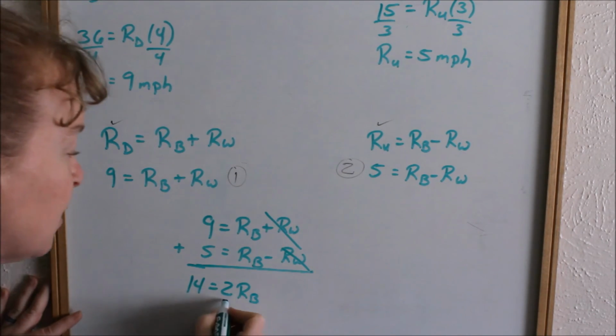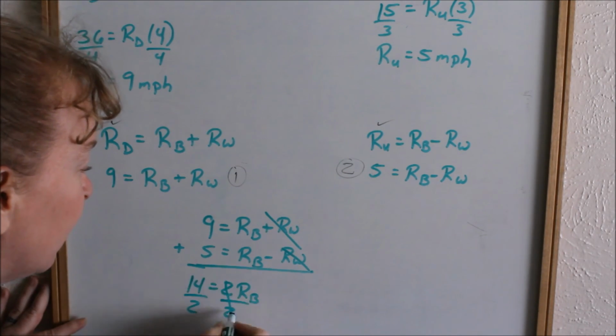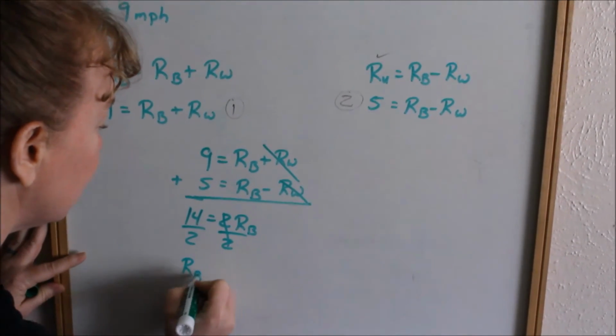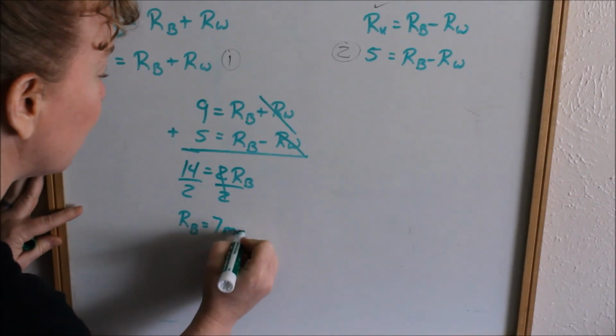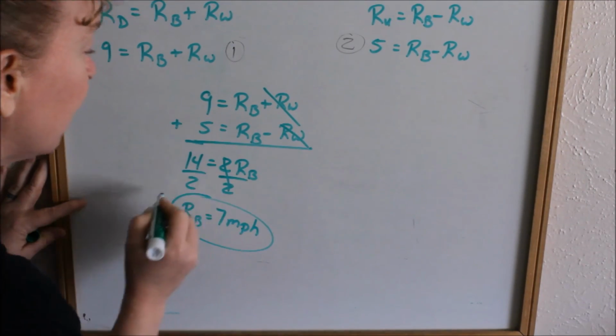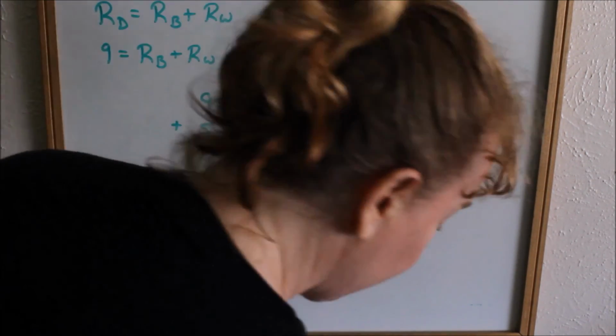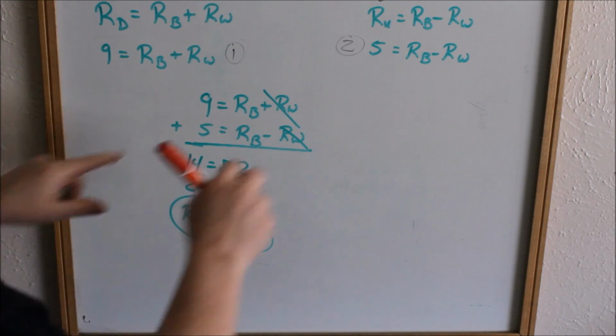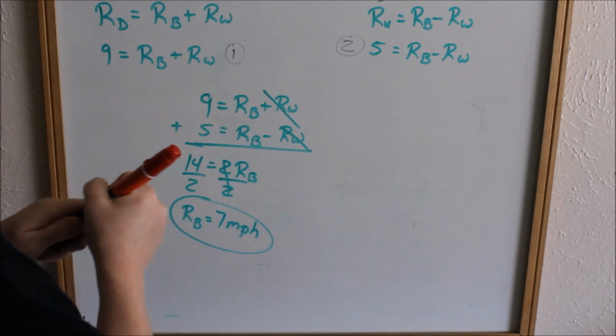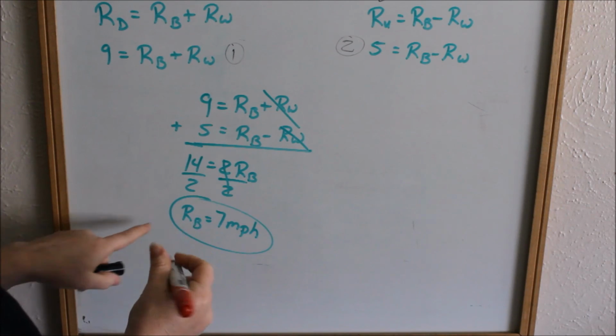Now dividing both sides by 2, the rate of my boat is 7, and the rate is in miles per hour. That was one of the things they were asking me. I need to go back and solve for the other thing. So I'll go back to my 2 equations and my 2 unknowns. It doesn't matter which one you go to.